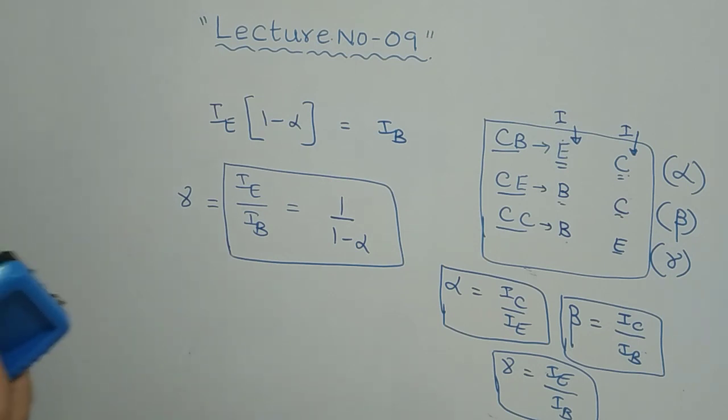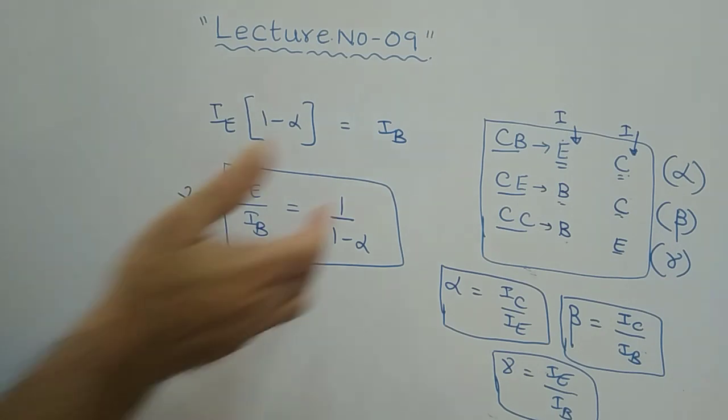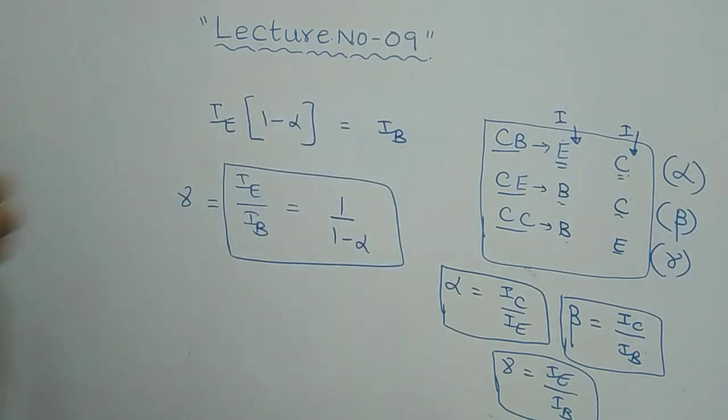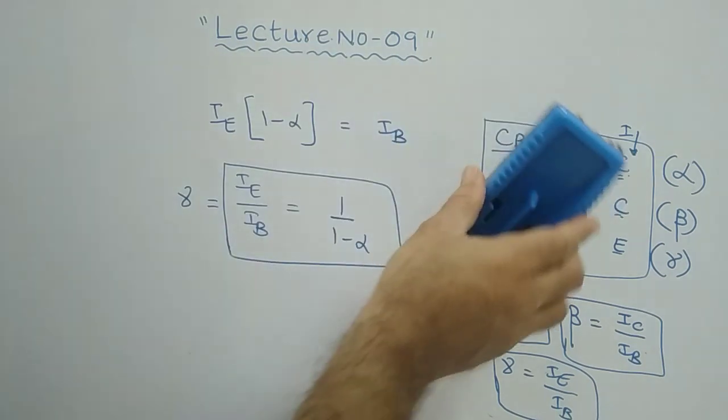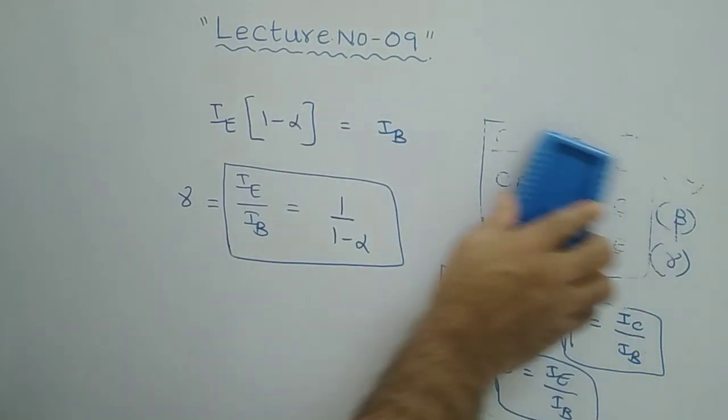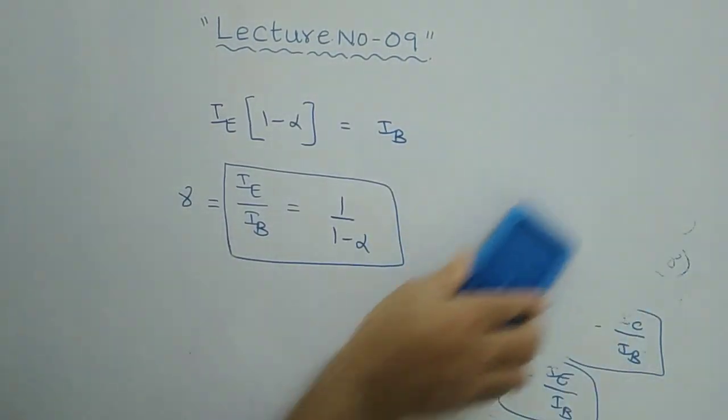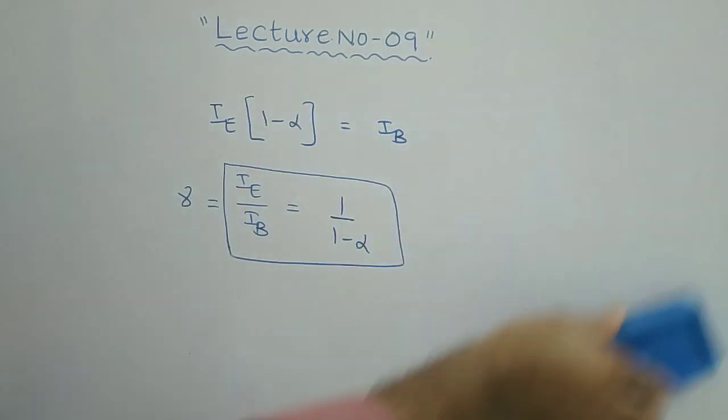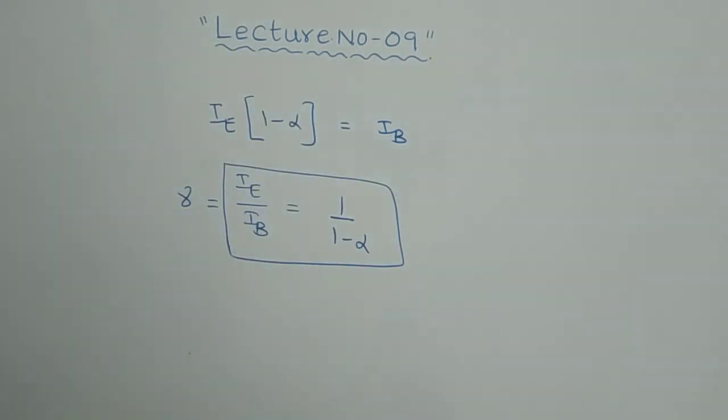Initially I have given three expressions. If you substitute one equation into another, you will get one important relation between these three parameters. You simply substitute equations 1, 2, 3 and solve for alpha, beta, gamma.